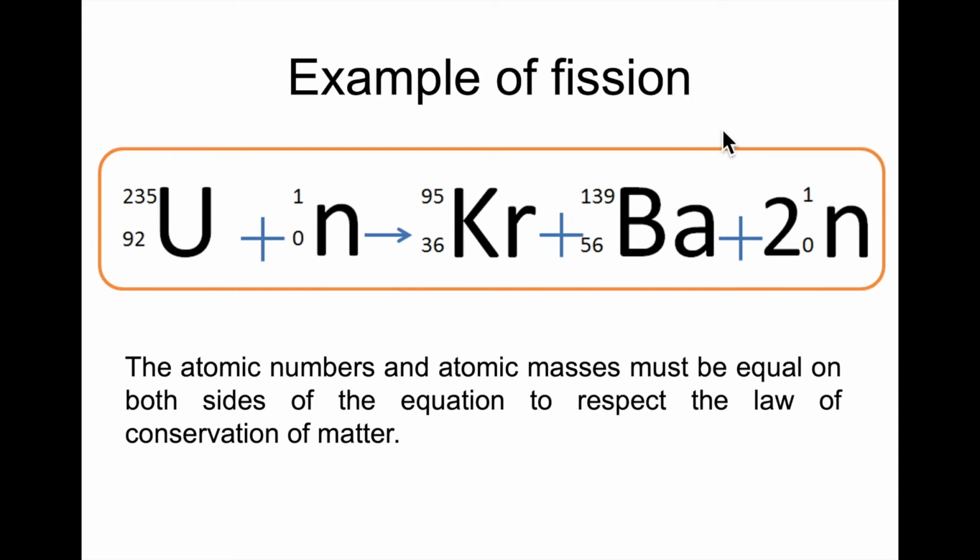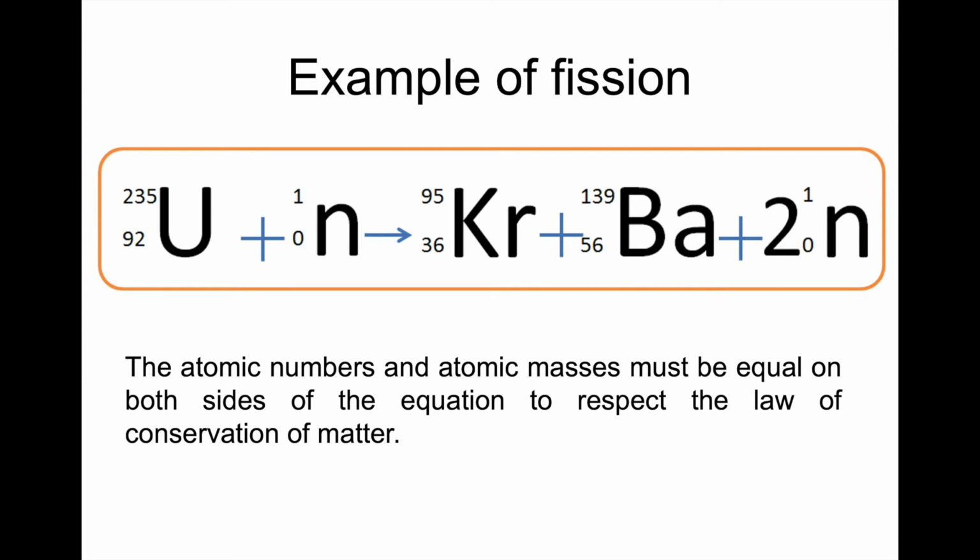So the masses are equal on both sides. The protons should also be equal. We have 92 for uranium, and on the other side we have 36 plus 56. That gives us also 92. So the law of conservation of matter is respected. That's an example of an equation for fission.